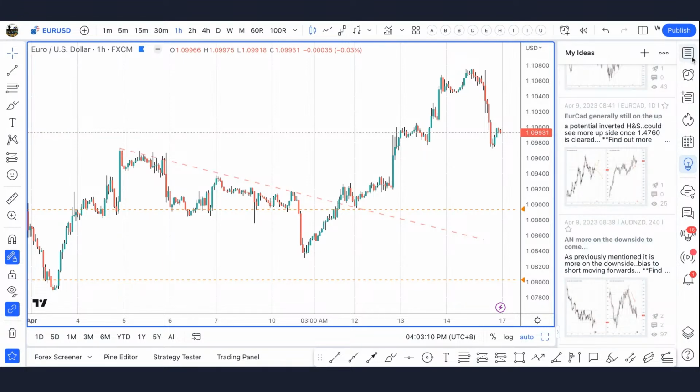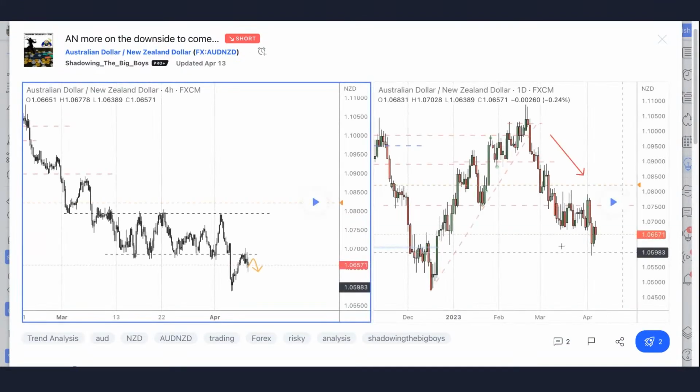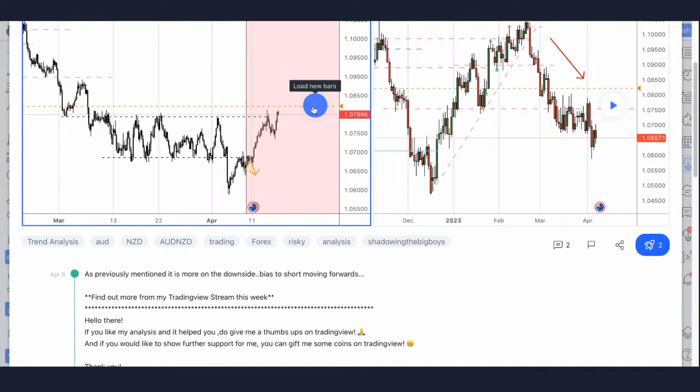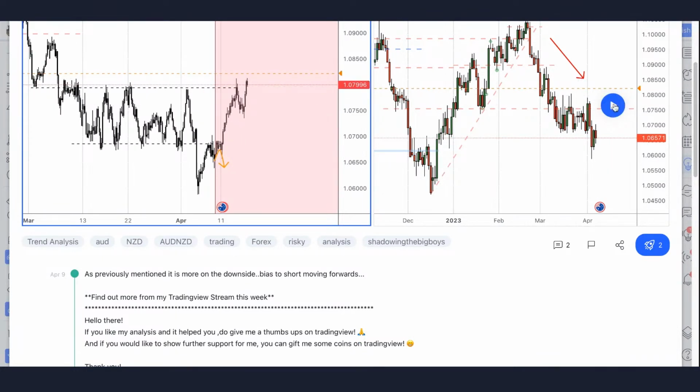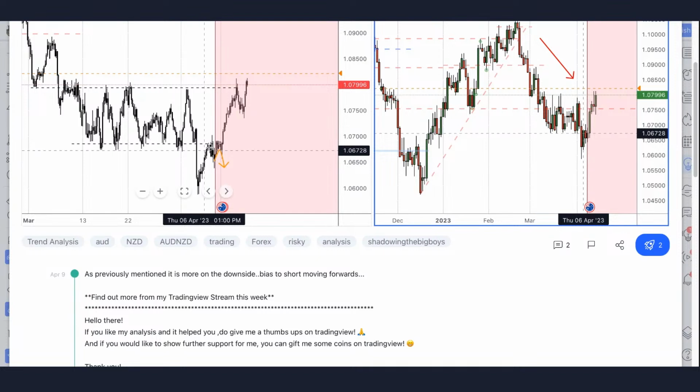So AN, you can take a look on the analysis profile. I was saying that we are actually coming close, or in fact we are at the strong support turned resistance level.